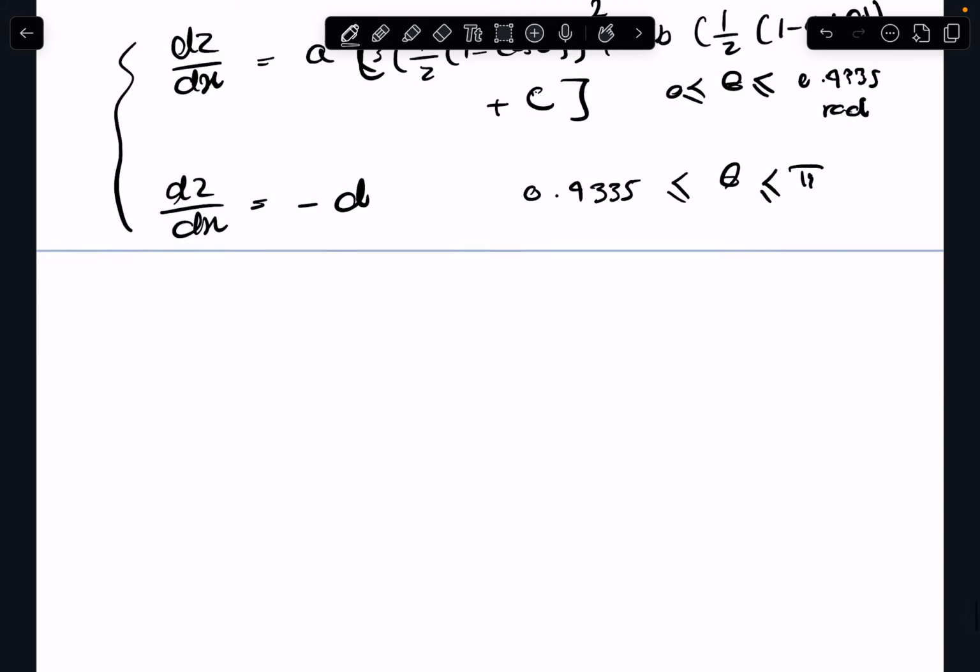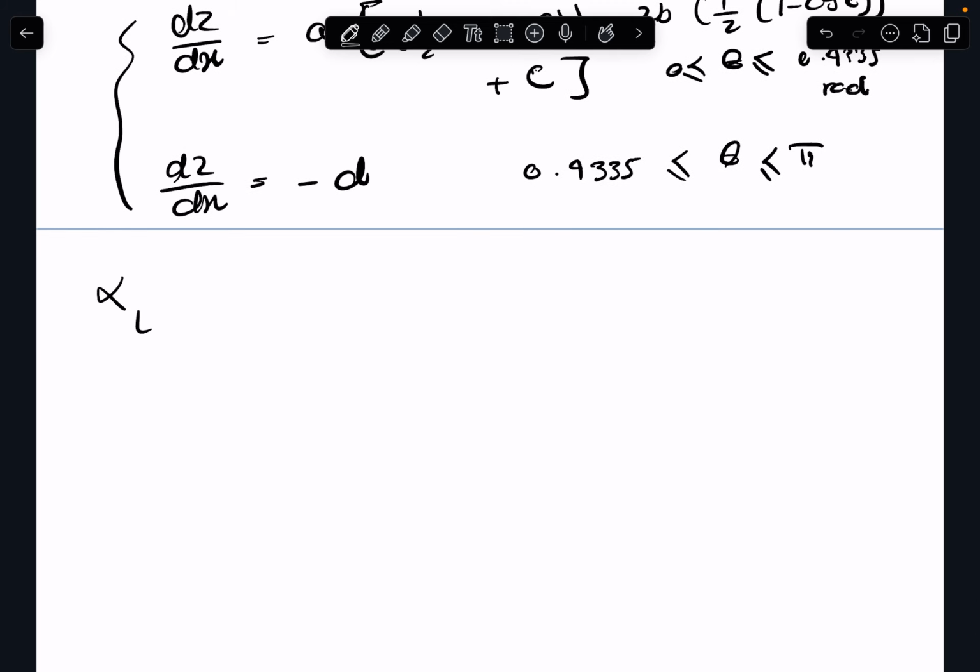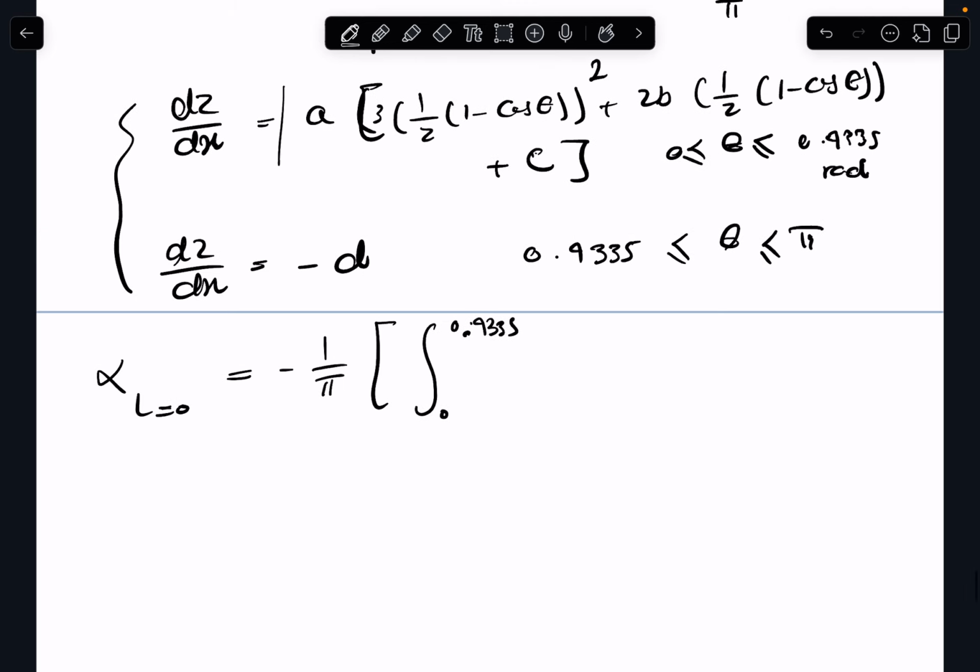Since we have two different functions, we have to take two different integrals. For alpha at lift equals 0, we're going to have 1 over pi integral from 0 to 0.9335 of dz dx, which is this function.